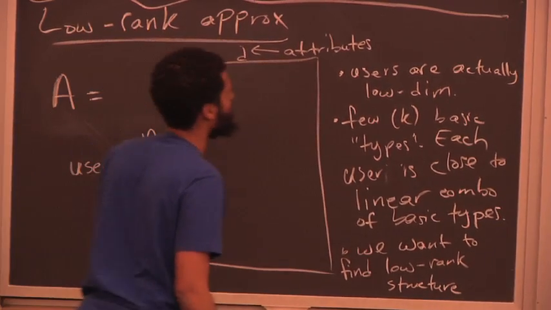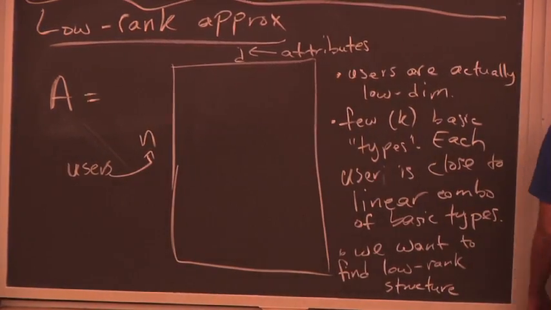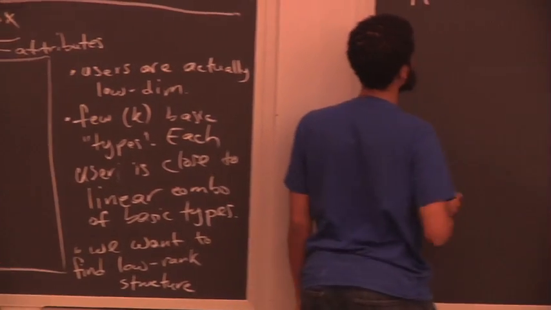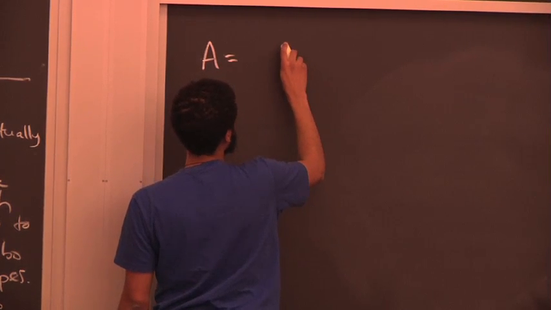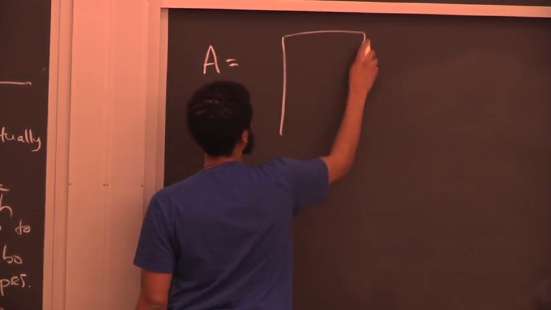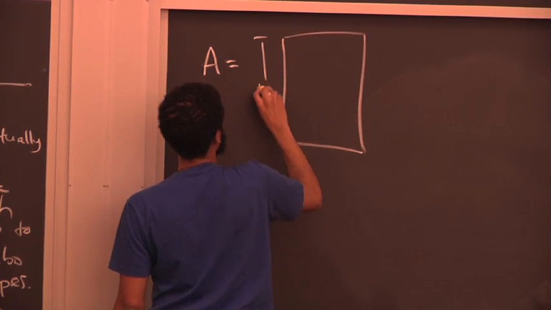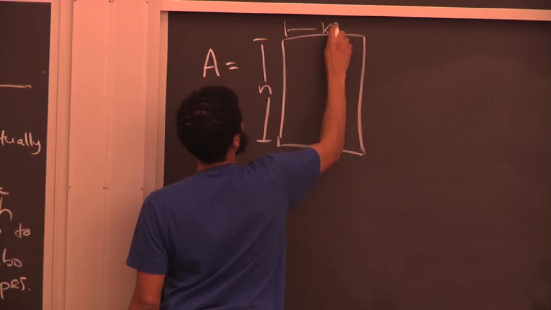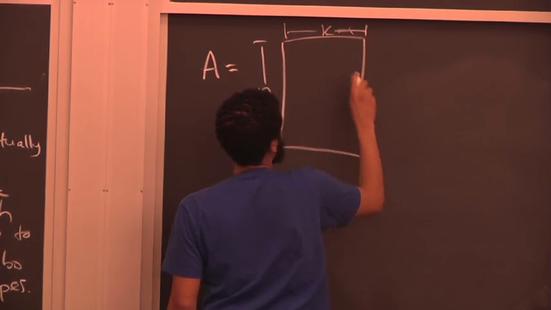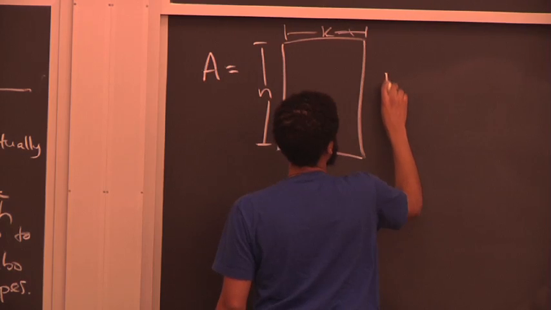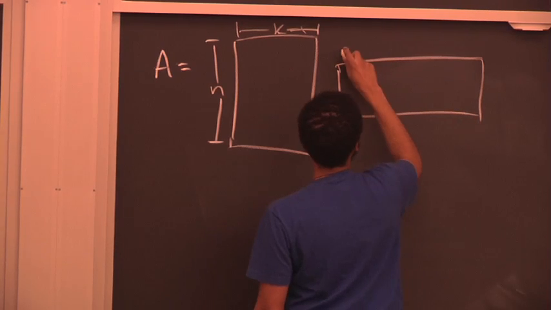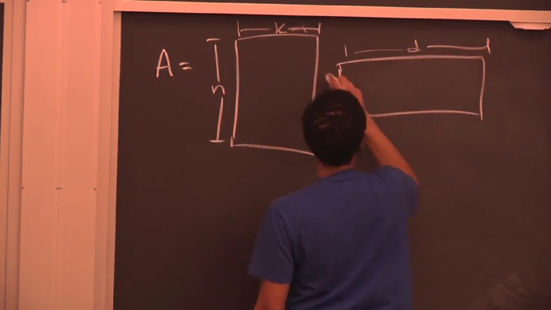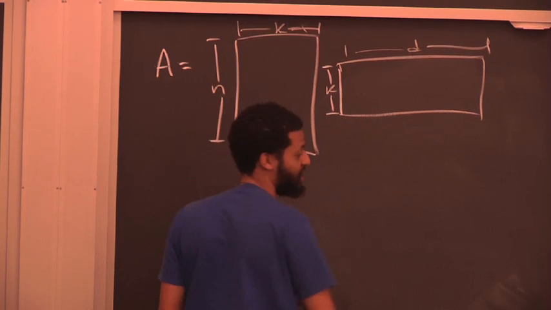Okay, so pictorially, basically what I'm saying is that A is actually something like a product of two matrices. This is n by k. Think of k as tiny, and then k by d.